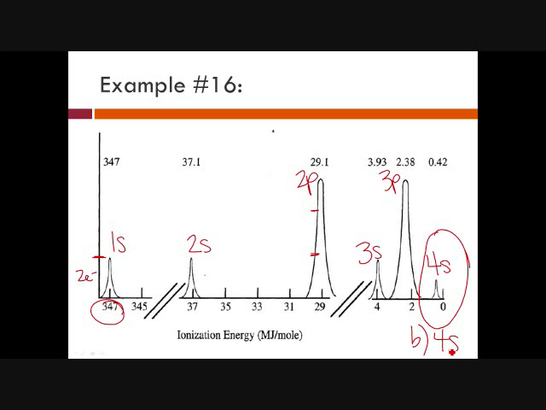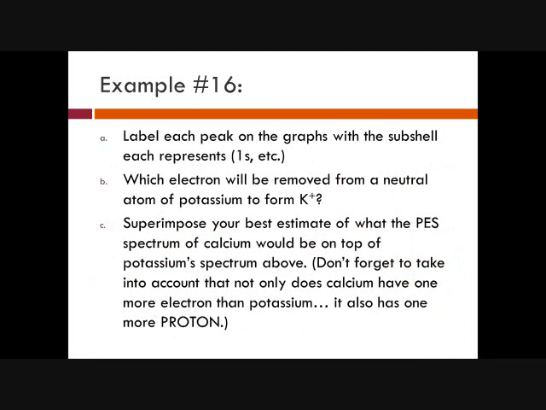Okay, now, last but not least, C. We want to superimpose an estimate of what the spectrum of calcium would be on top of the potassium spectrum above. So we are going to draw peaks to represent calcium's peaks, okay? But you have to be careful because calcium does have 1 more electron than potassium, and it also has 1 more proton.